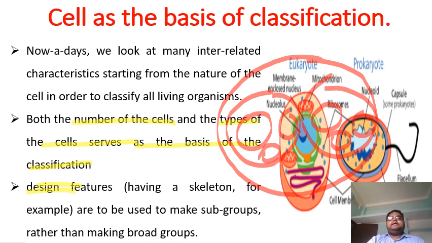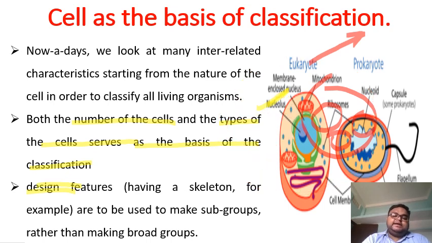So the number of cells and the type of cells serve as the broad basis of classification, and design elements like having a skeleton or not serve to make this type of subgroups, right? So now let's move ahead, students.